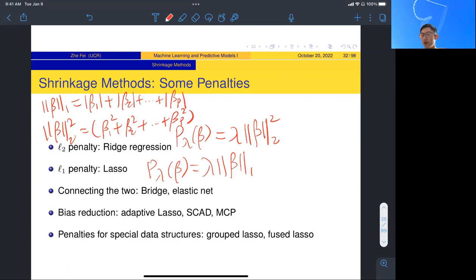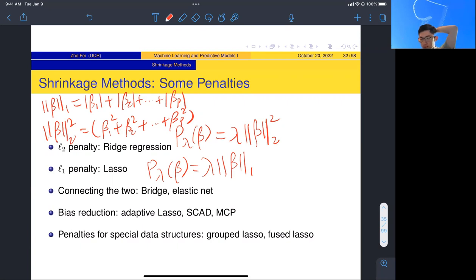Okay, so with this, L1 versus L2, ridge regression and lasso, actually perform very differently in terms of model selection, and we will see that later as well. There are some further extensions.